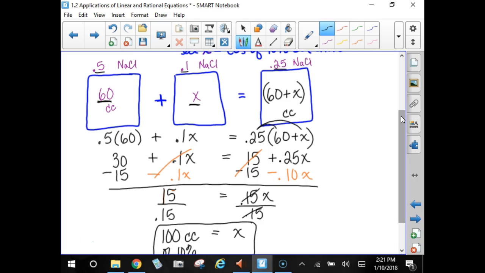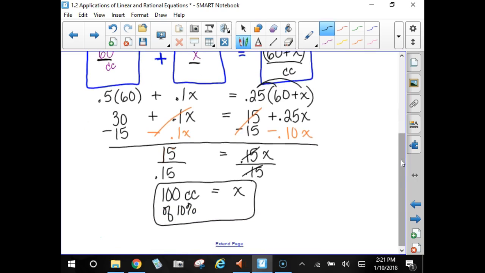And we will actually end up with 160 cc's of that 25% solution. But 100 cc's of the 10% solution is our answer. That's what the problem asked us to find.